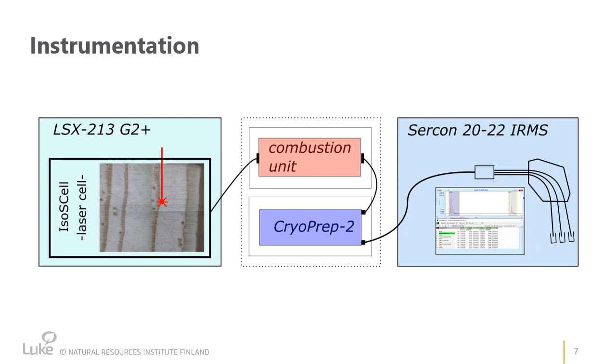Because the laser ablation system releases the sample in a stream of dust, we also get a stream of carbon dioxide coming from the sample. So this carbon dioxide needs to be collected into one pulse, and this is done in the cryoprep unit, which has a liquid nitrogen trap. And then this trap is warmed, and the carbon dioxide pulse is released into the isotope ratio mass spectrometer, which is the last box of the system.